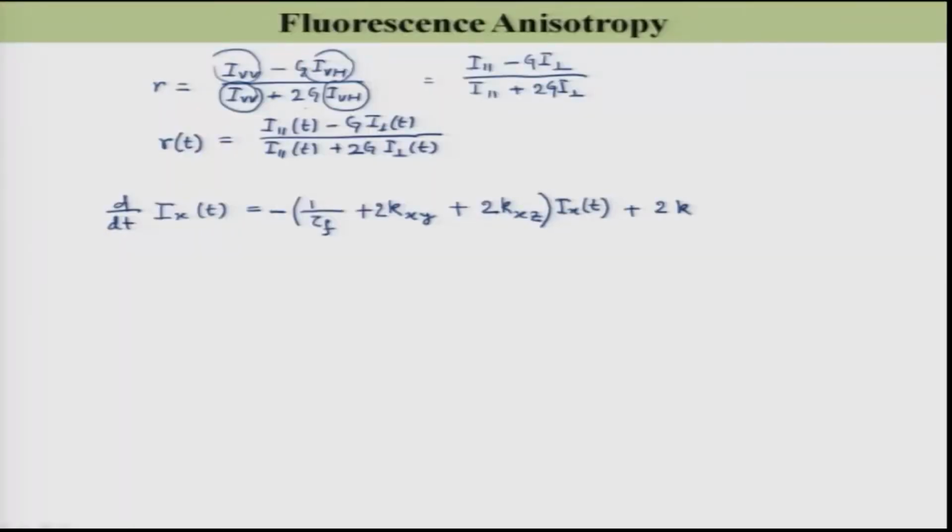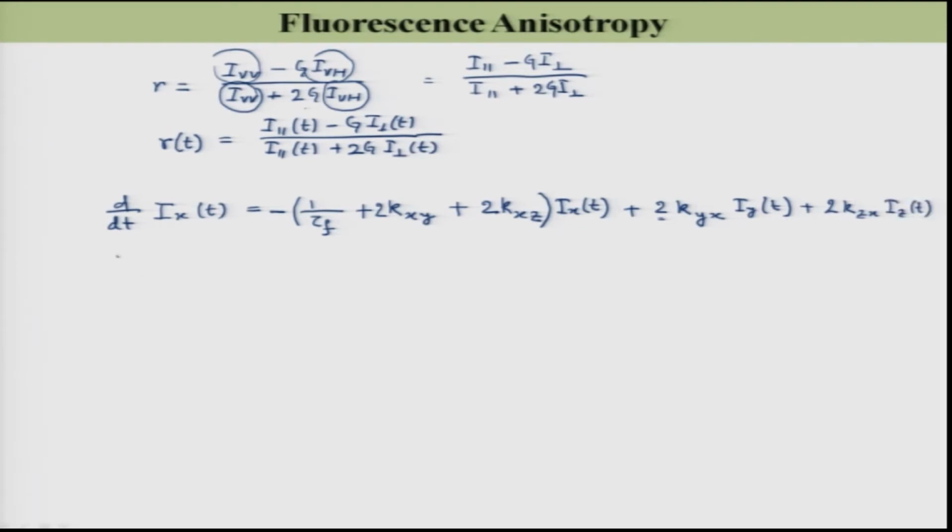Then I will write plus 2 k, the rate constant of reorientation from y to x, k y x, and this 2 I have written again because of clockwise and anti-clockwise, I y t, plus from z to x, so 2 k z x I z t. I can write this.